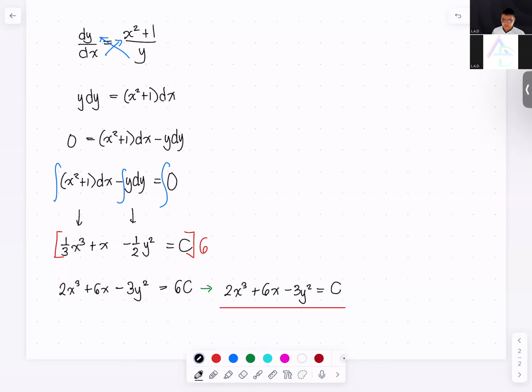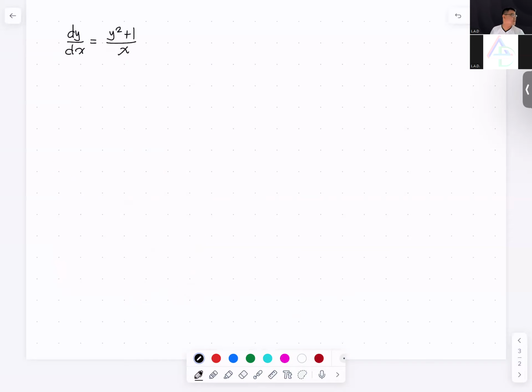Now, for the next example, of course, the variables are not yet separated. So let's try to separate the variables. Let's cross multiply. This becomes x dy equal to y squared plus 1 dx. But as you may notice, it's not yet separated.